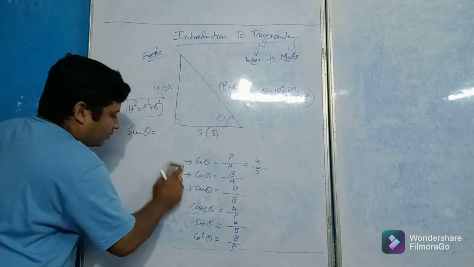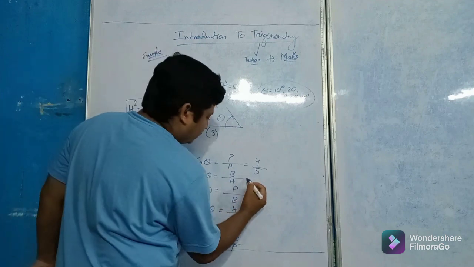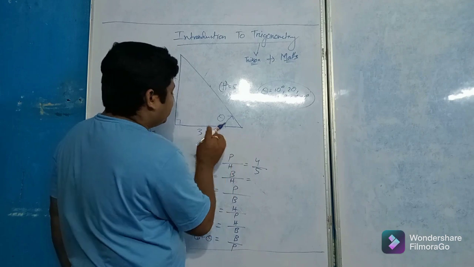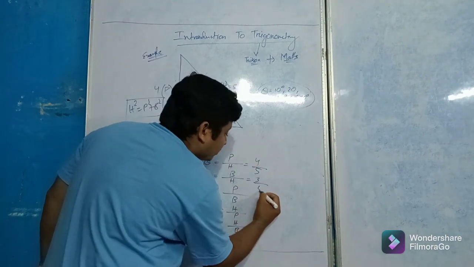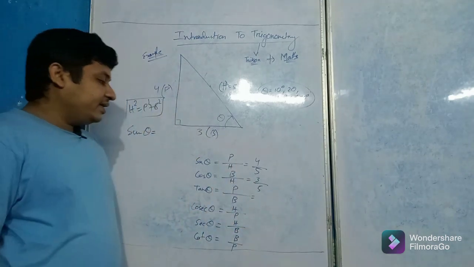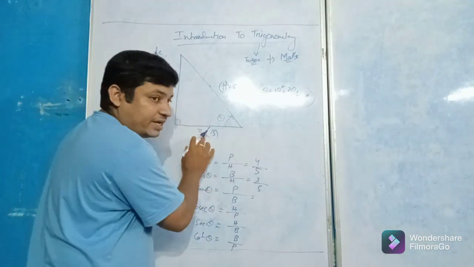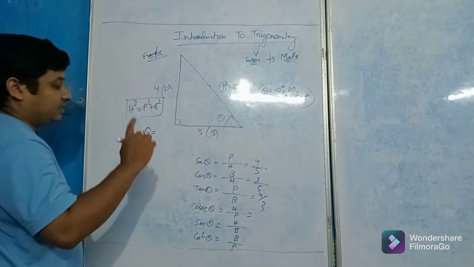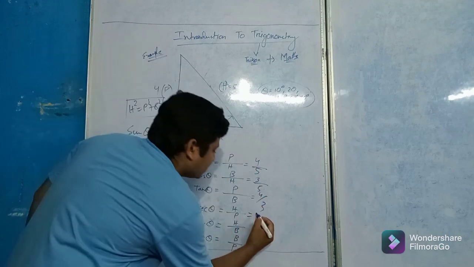Then cos theta, it is base by hypotenuse. Base is how much? 3. In place of hypotenuse it will be 5. Now tan theta. Tan theta is how much? Perpendicular by base. It will be 4 by 3. Next cosec. Cosec means h by p. It is 5 by 4.